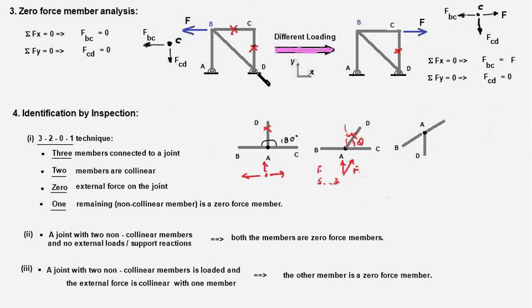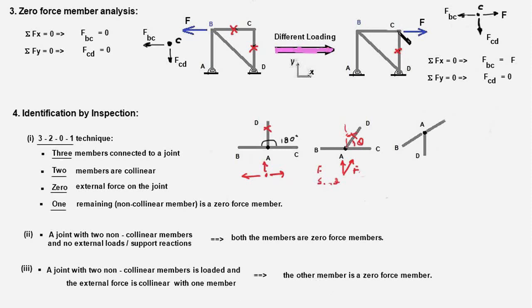And now we go to the next rule, rule number 3, which says a joint with 2 non-collinear members is loaded and the external force is collinear with one of the members, then the other member is a zero force member. Example of this rule is here. These are the 2 members which are not collinear.